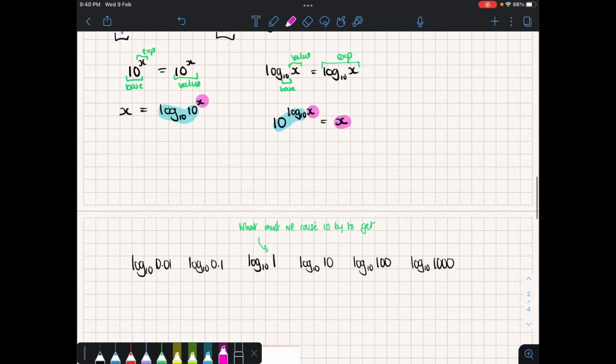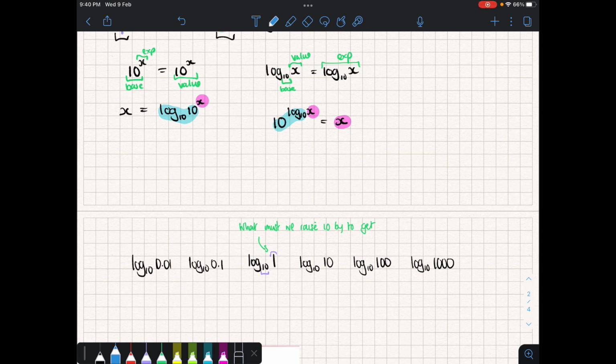Let's just have a look at a simple little idea here. Again, here we have a log base 10 of a couple of numbers. They're all powers of 10. And again, the important thing to remember when you're looking at logs is you want to ask yourself, what am I raising the base by to get the value? That really does help you to work out what kind of a number we're trying to produce.